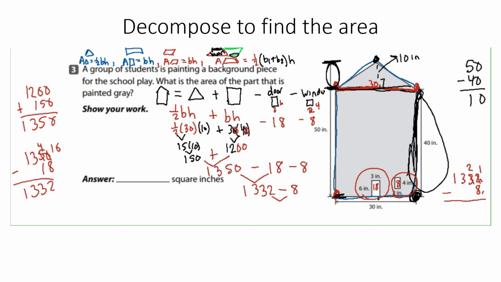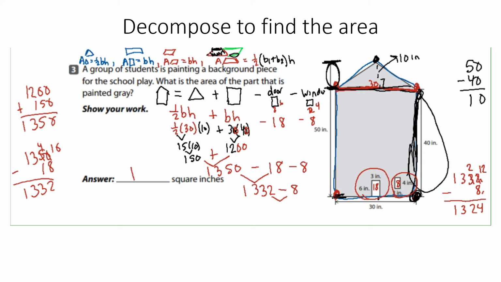I'm adding 10 because the 1's place is 10 lower than the 10's place, or it takes 1 ten to make 10 ones. So I have 12 minus 8 is 4. Then I have 2 minus 0 is 2, 3 minus 0 is 3, and 1 minus 0 is 1.